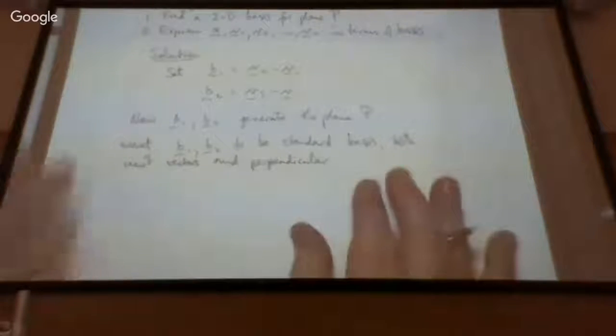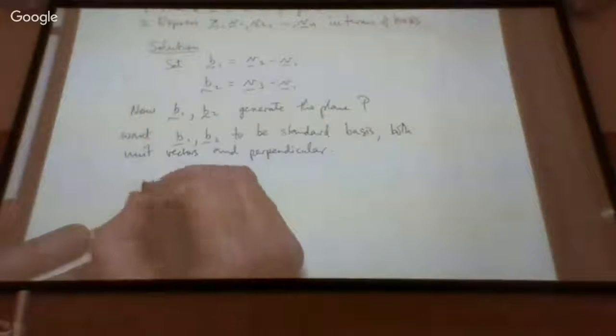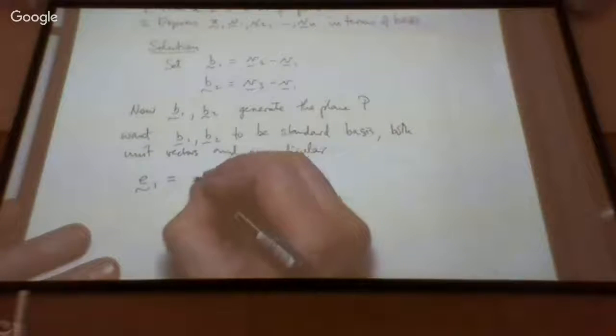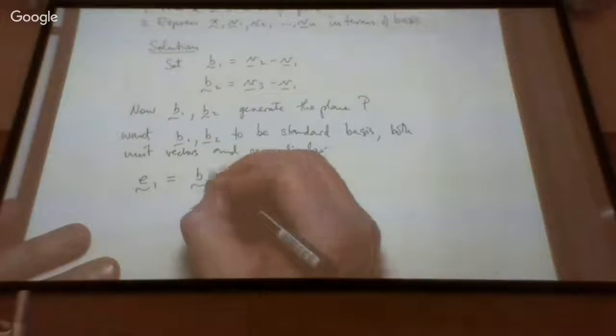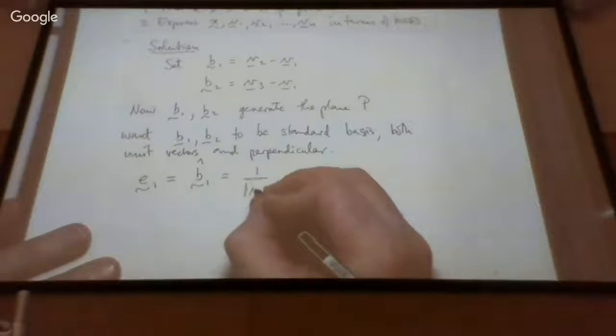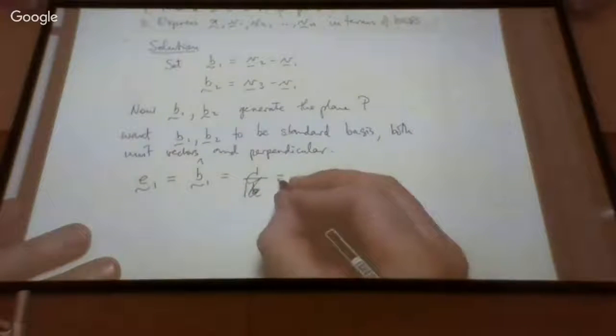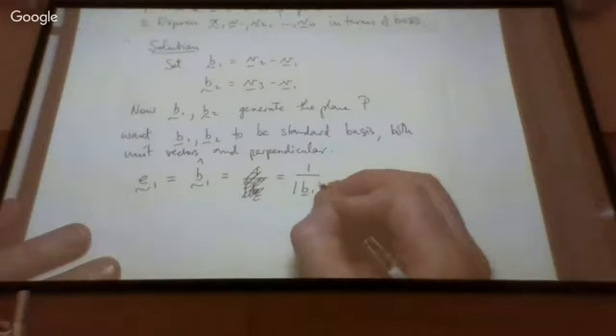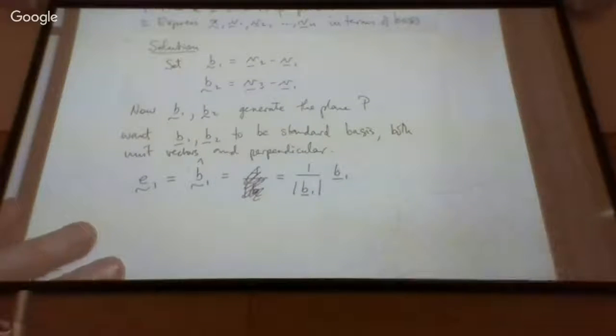Well, that can be done easily. So I'll take my first vector, e1, to be e1 hat, the unit vector, which is 1 over the norm of b1 times b1. That gives you a unit vector in the direction of b1.